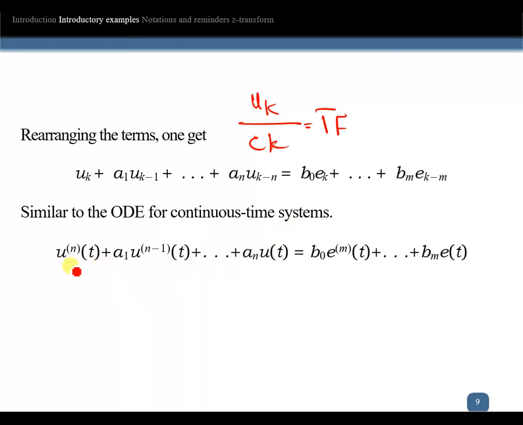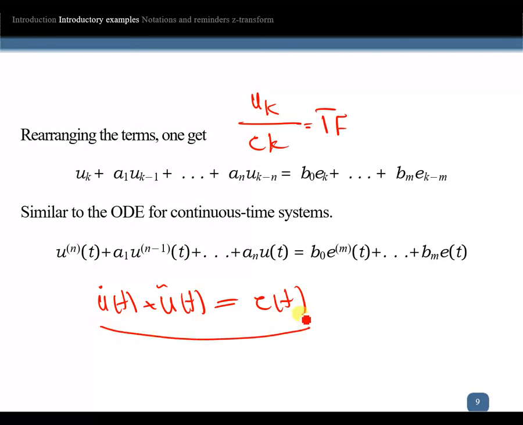You find the output and the input, and if you remember, we learned u dot(t) plus some coefficient u(t) is equal to e(t), and if you take the Laplace of this, you can find the transfer function or the answer for u(t). Here I must find the answer for u(k).